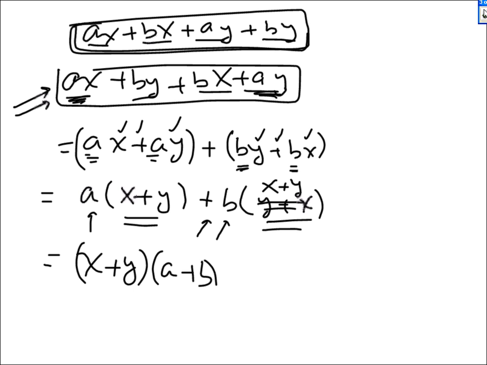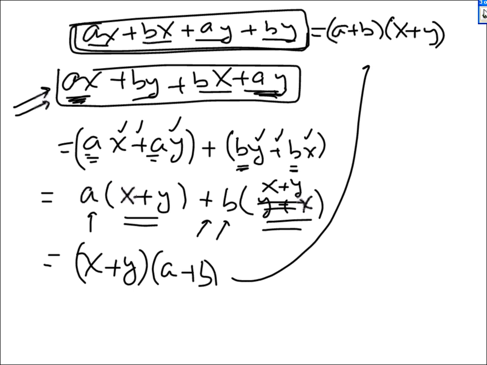And when we did the very first problem, I'm pretty sure we got A plus B times X plus Y. But these are the same answers. Multiplication commutes. That is, this last line is the same as A plus B times X plus Y. This times that is always the same as that times this.